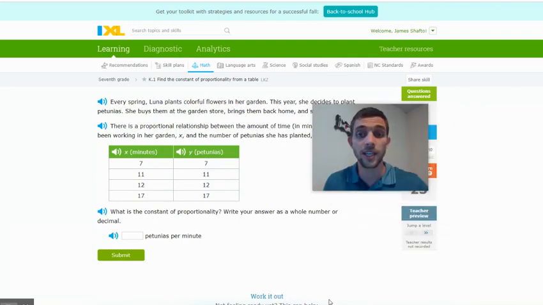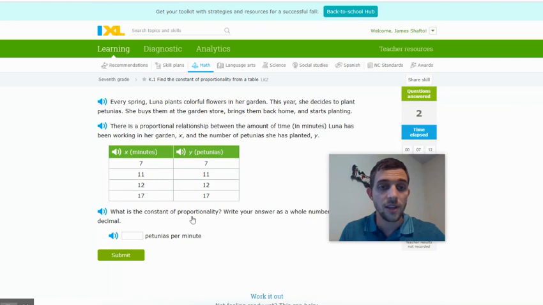This one's a little bit tricky. It says, what is the constant of proportionality? Every spring we're planting flowers. This year she plants petunias. She buys them at the garden store and brings them home. We're looking to find petunias per minute. In 7 minutes, she plants 7 petunias.